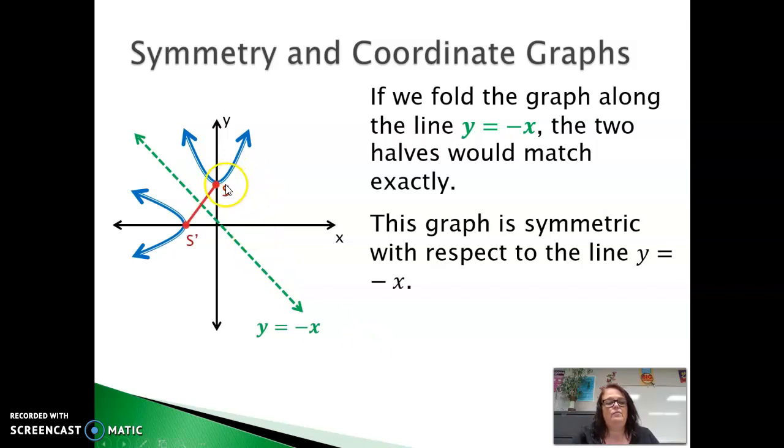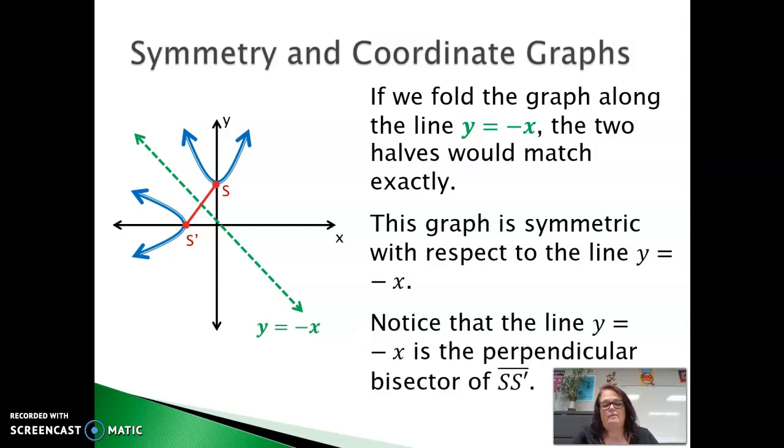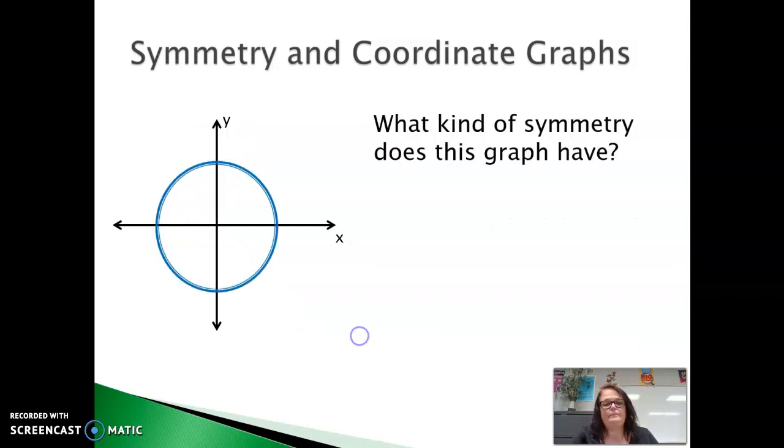So if I take from this vertex perpendicular to this line, connecting it to the graph on the other side, you'll notice that this line goes through the midpoint of that red segment, and it doesn't matter which point we pick. If we go perpendicular to that line, we will find another point on the second graph, and that line y equals negative x will be the perpendicular bisector of that segment.